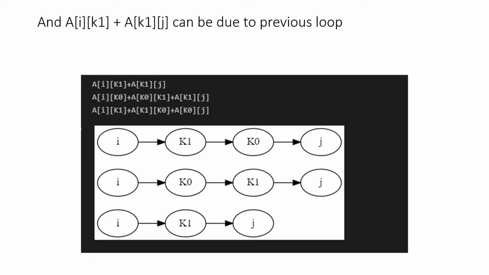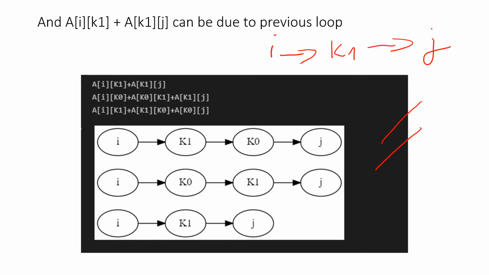And there is another thing. When we speak about going from node I through K1 and to j, then this could be all of these here.